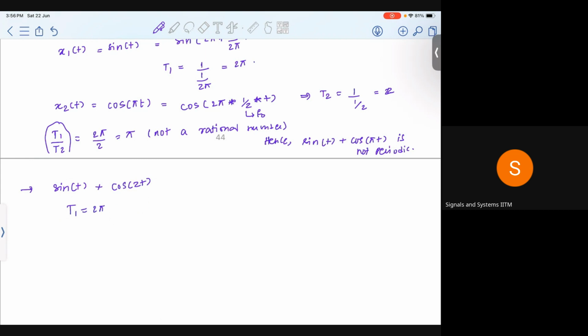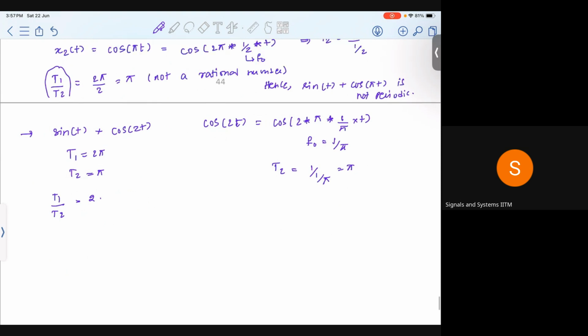Cos 2t is cos 2 star pi star 1 by pi star t. F naught is 1 by pi here. So T2 is 1 by pi, which is pi. So T2 is pi. Hence my T1 by T2 is 2, which is a rational number.